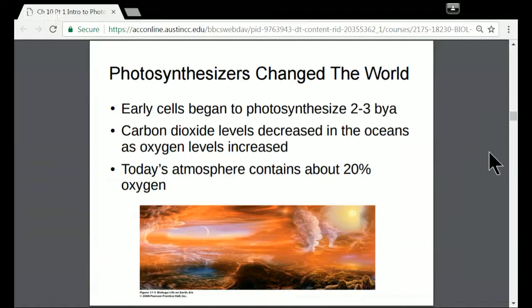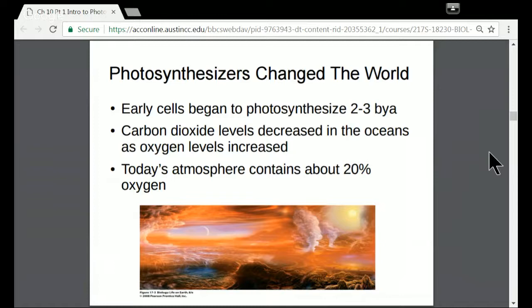Now, they continued to do so, and they continued to proliferate over the next 2 to 3 billion years, so that today's atmosphere actually contains about 20% oxygen. 2 to 3 billion years ago, it contained a very small percentage of oxygen comparatively.